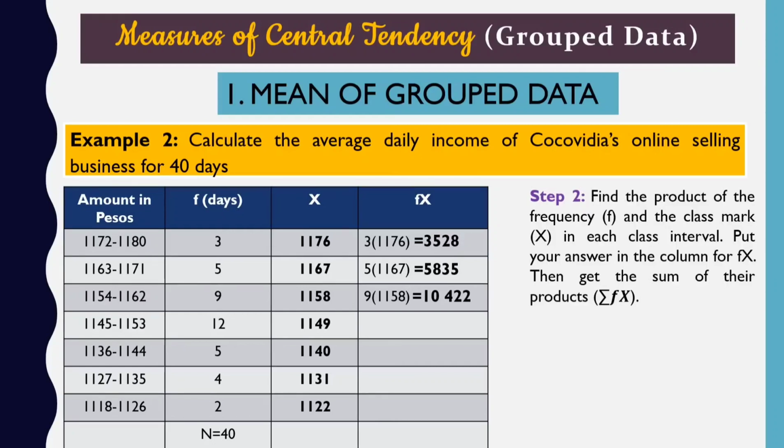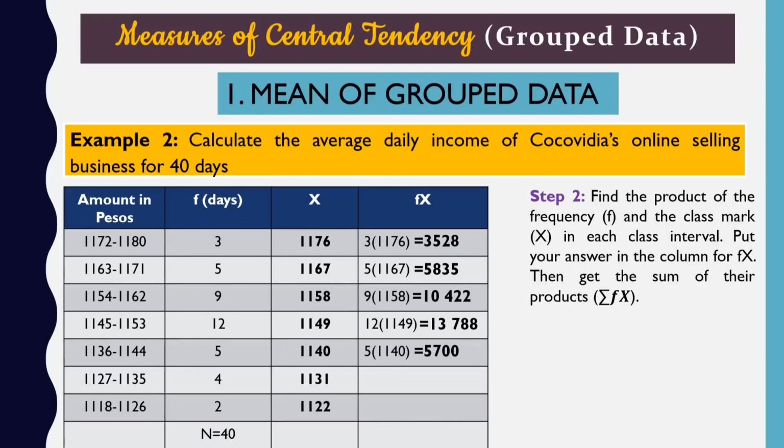10,422. The next interval, we multiply 12 by 1149, and the result is 13,788. Next, 5 times 1140 is equal to 5,700.